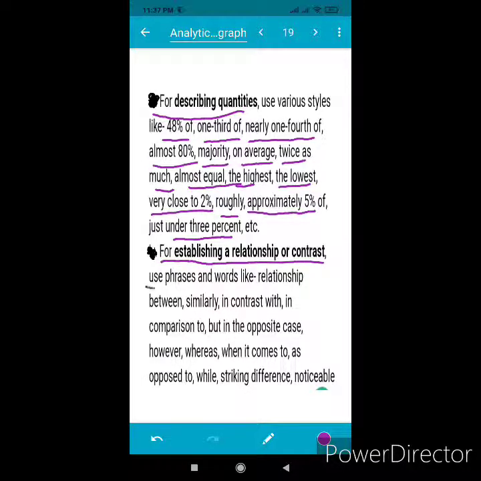You can use phrases and words like relationship between, similarly, in contrast with, in comparison to, but in the opposite case, however, whereas, when it comes to, opposed to, while, striking difference, noticeable. These you can use if you are going to make a contrast.